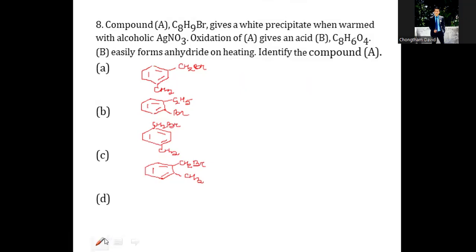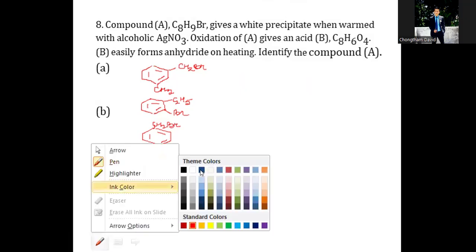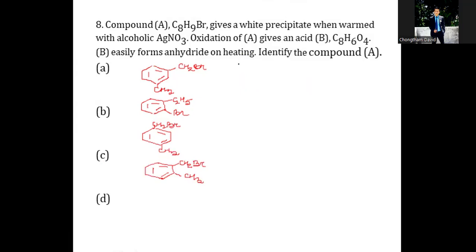So let us explain this with chemical reactions. According to the question, this compound A must be C8H9Br. Reproduce the formula and write the structure, with CH3. This is your compound A. On oxidation of this compound, what happens?